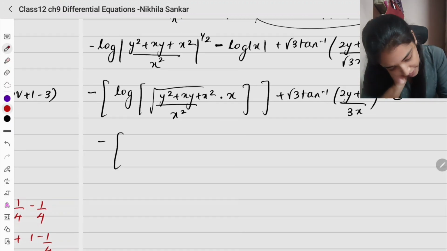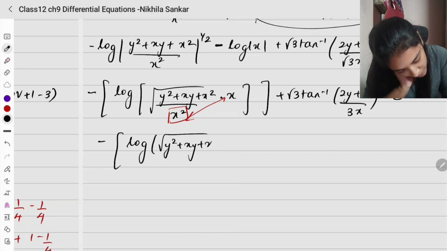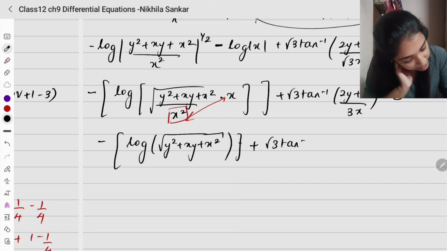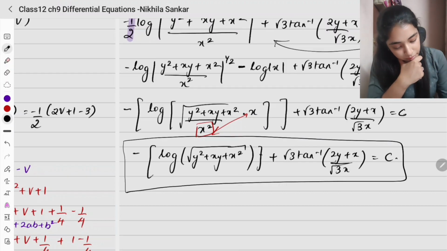Minus of, in the square root out this becomes x and the x gets cancelled. So what I will be left with? I'll have log of square root of y square plus xy plus x square plus root 3 tan inverse 2y plus x divided by root 3x equals c. So this is your final answer. Please copy.